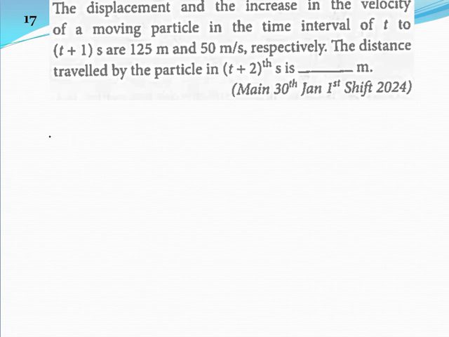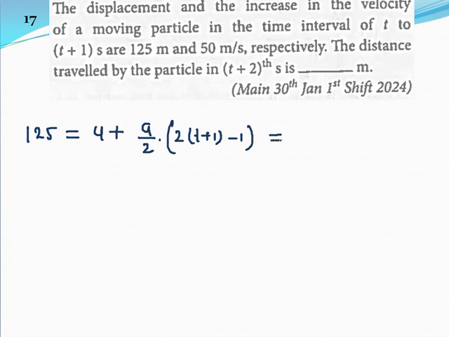So displacement in the t plus 1th second we can write as u plus a by 2 into 2n minus 1, here n is t plus 1. So this is u plus a by 2 times 2n plus 1.